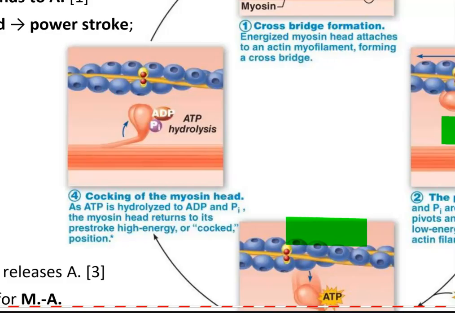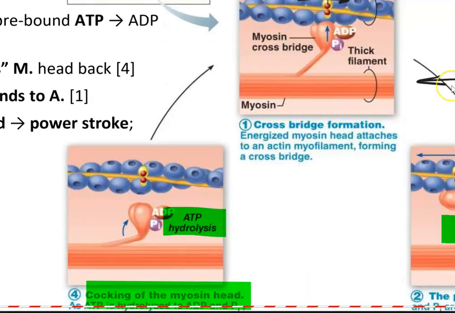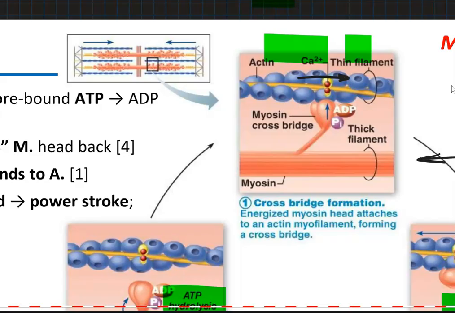Okay? Right here you can see that ATP hydrolysis, the breakdown of ATP, coaxes the myosin head back, charging the myosin head so it is able to form a cross bridge again. Okay?